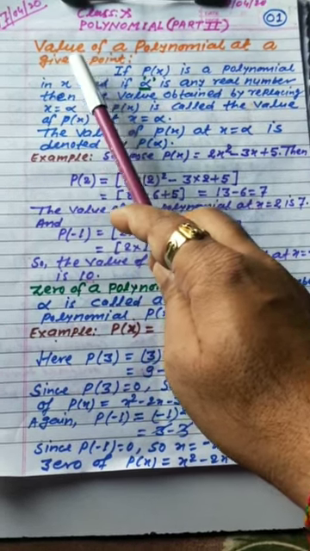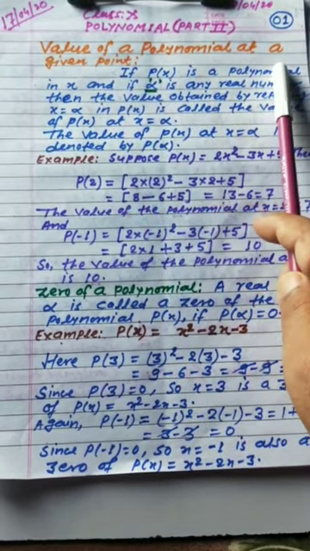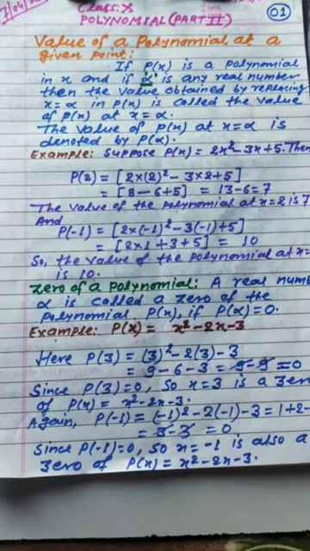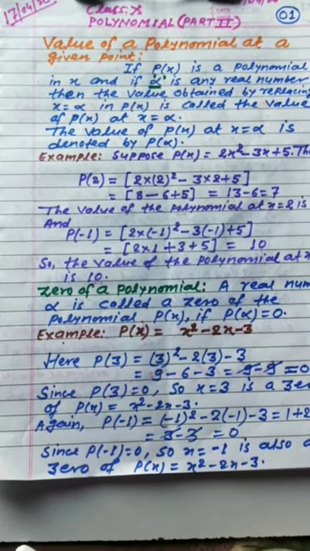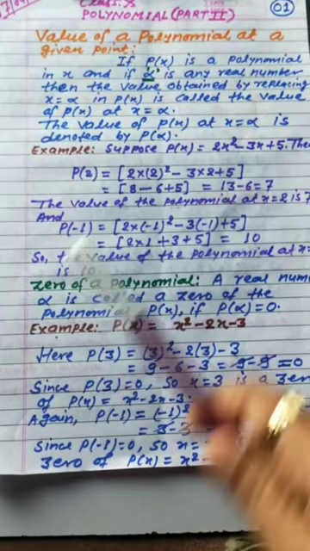First one is the value of a polynomial at a given point. What do we mean by the value of a polynomial at a given point?